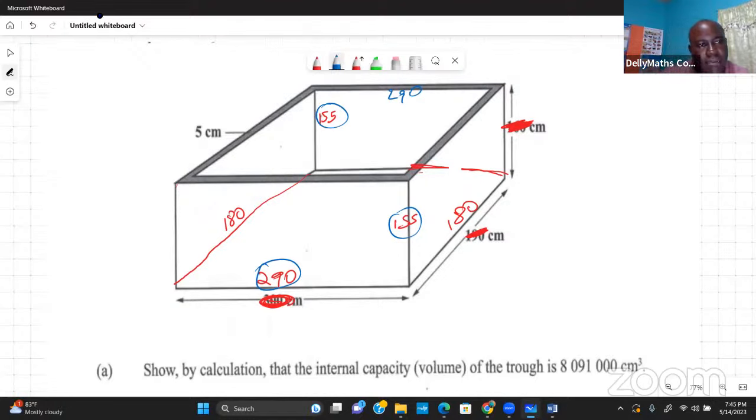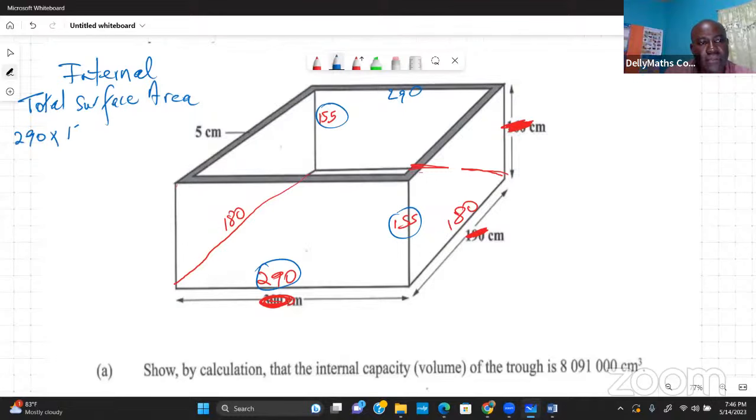So let us write the total surface area, and I'm going to put the big word interior. We want to make sure we understand it's internal we're dealing with. So you're talking about 290 times 155, and we agree that it is 2 of it.